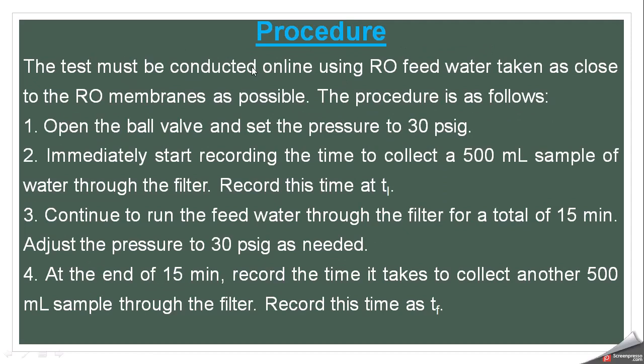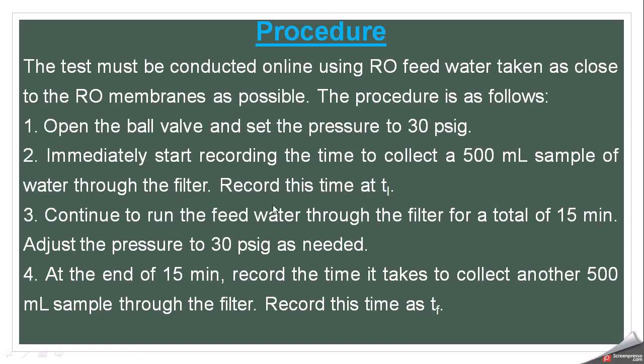The procedure for this is that first we open the ball valve and set the pressure at 30 psig before the start of the experiment. When we set the pressure at 30 psig, we immediately start recording the time to collect a 500 milliliter sample of the water through the filter, and record this time as Ti.